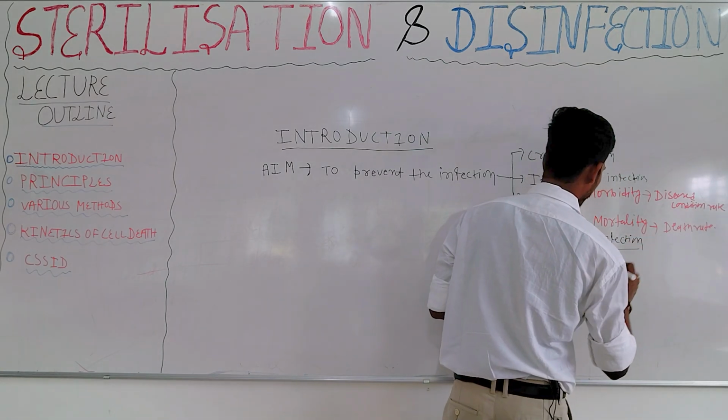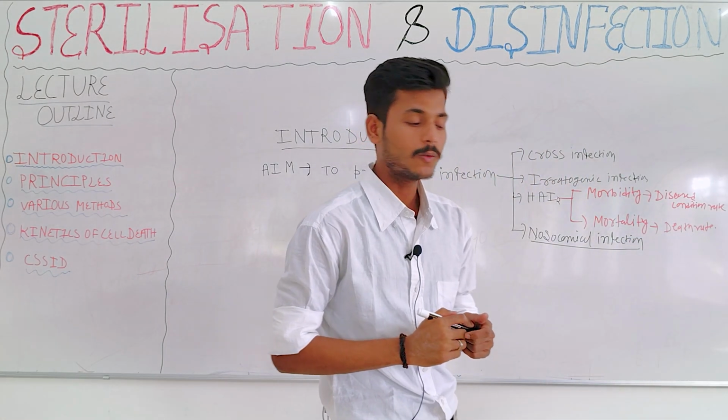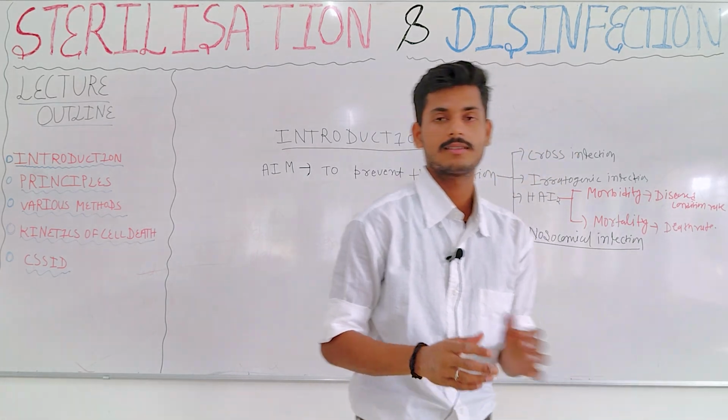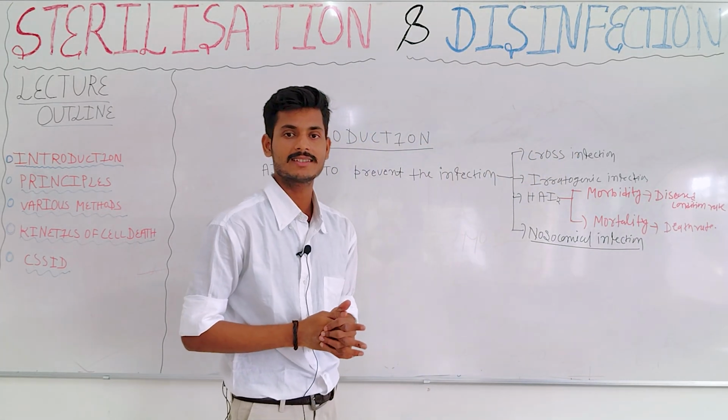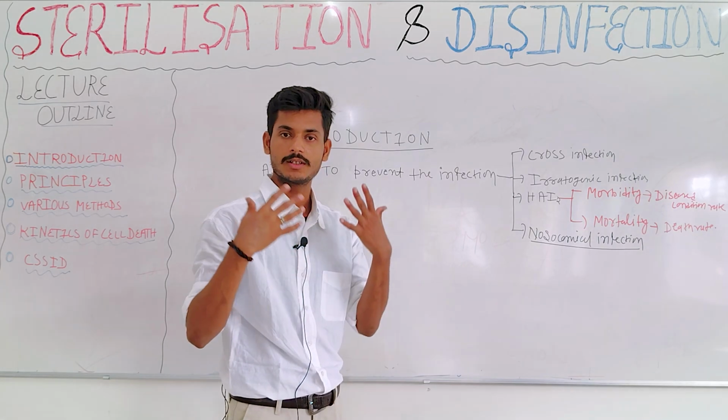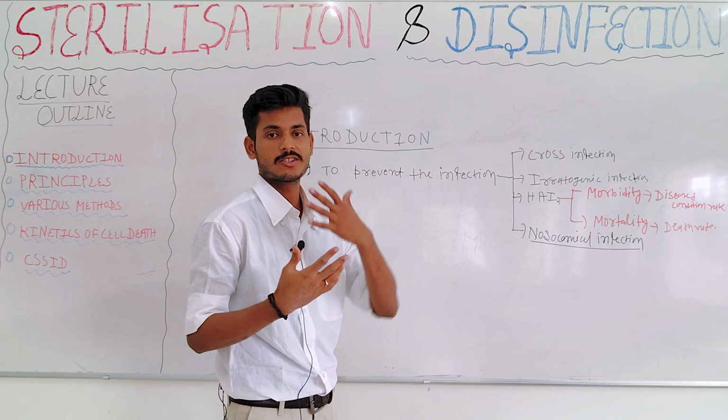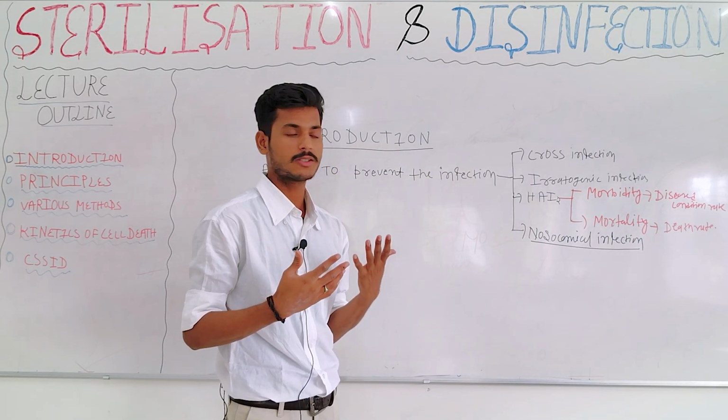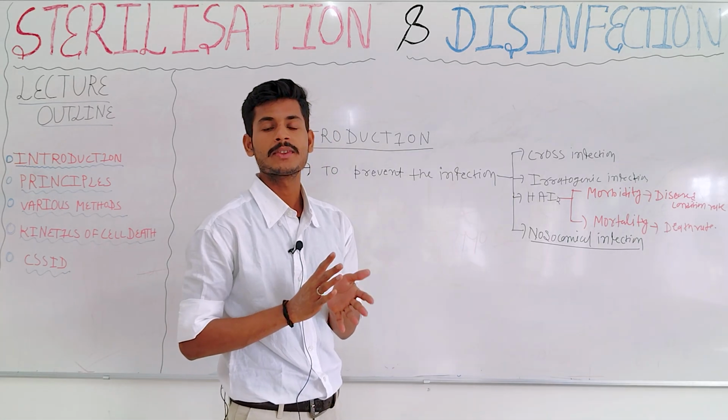Okay, nosocomial infection. So whenever you visit those areas where there is a high prevalence of infections, you should protect yourself by means of masking, by means of hand wash.